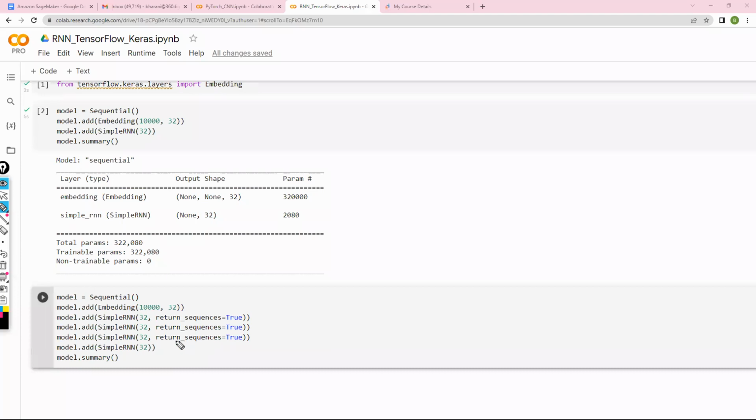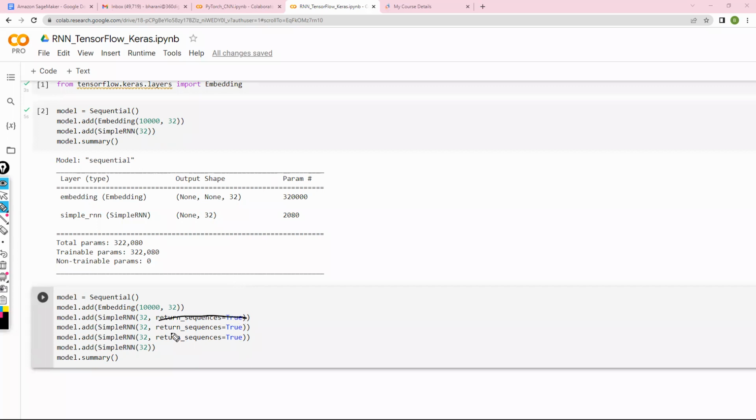And there is another thing we're doing here, and that is return_sequences.